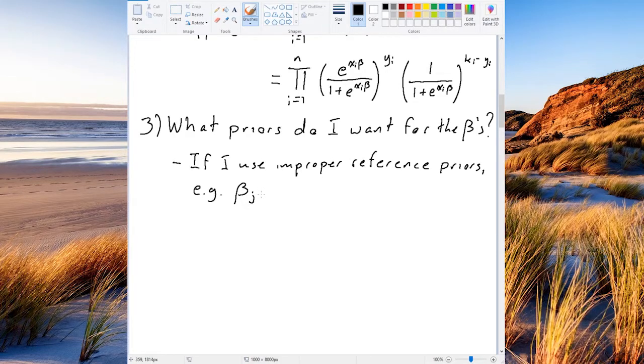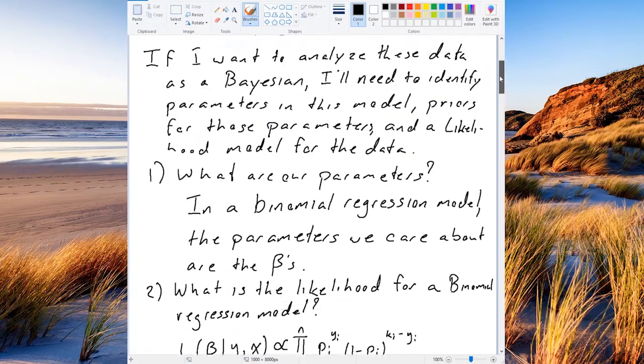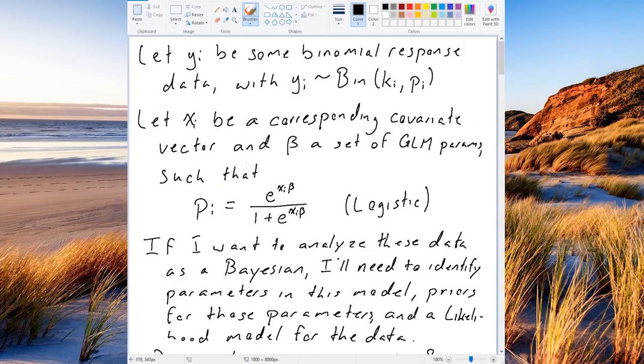So I have my X matrix here. Each X is a covariate vector, and beta is a set of GLM parameters associated with that covariate vector. So in the simplest regression model, we usually have an intercept term and one covariate variable. So beta would, in that case, be two-dimensional.